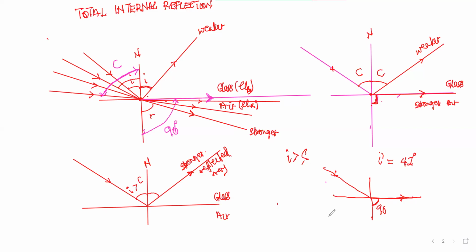Note that for total internal reflection to occur, light must travel from a more dense medium to a less dense medium. The more dense medium has its own critical angle. If I'm to use you, Angela, as an example, if light is incident through you and is emerging from glass to air, who is the denser medium here?